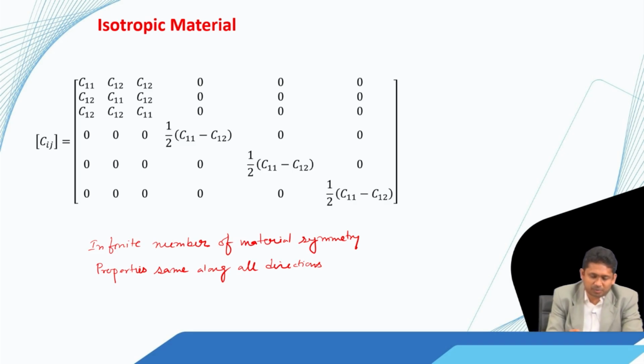So, because the properties are the same along all directions, we have C11, C22, C33 the same, and these normal extension couplings are also the same. There is no extension shear coupling, there is no shear coupling, and similarly these shear constants are also the same.